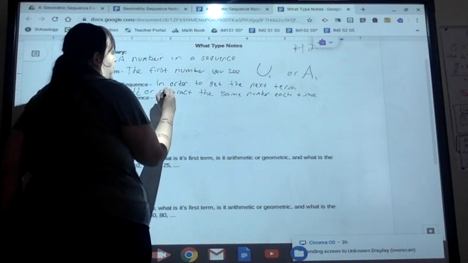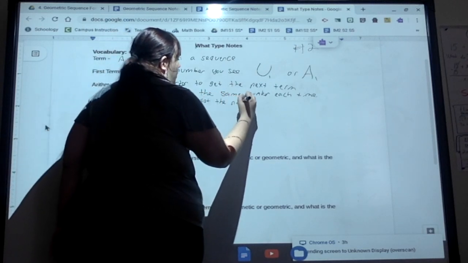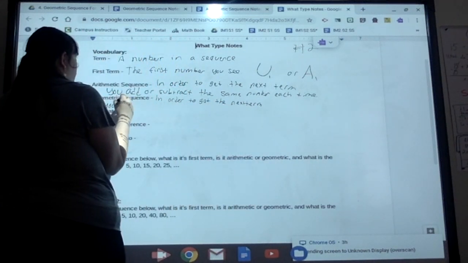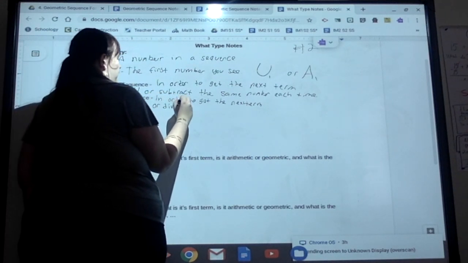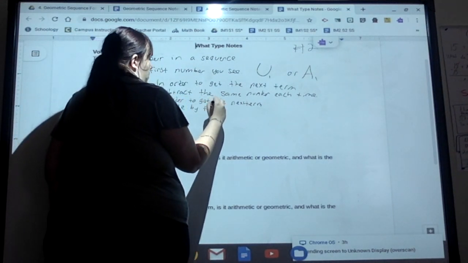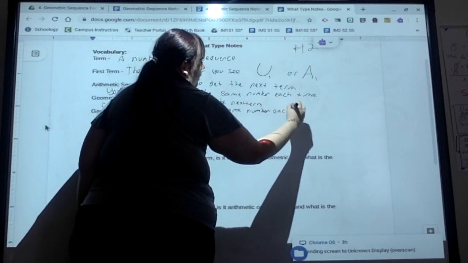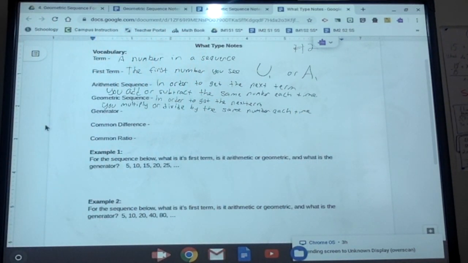So, in order to get the next term, you multiply or divide by the same number each time. So for a geometric sequence, we're multiplying or dividing to get the next one.